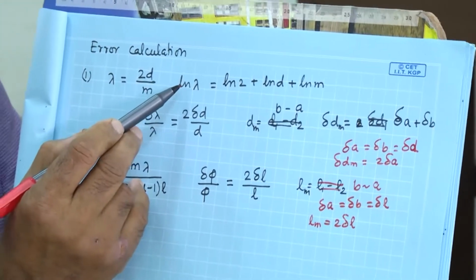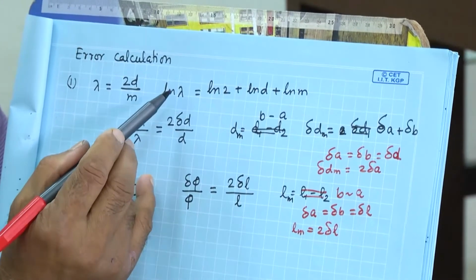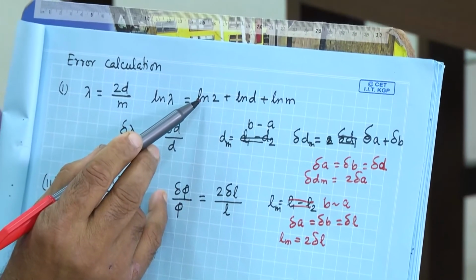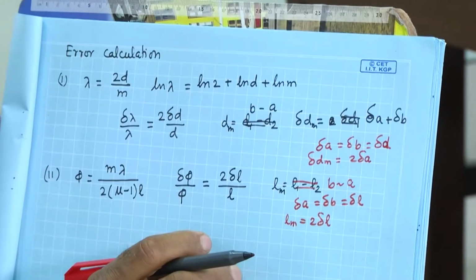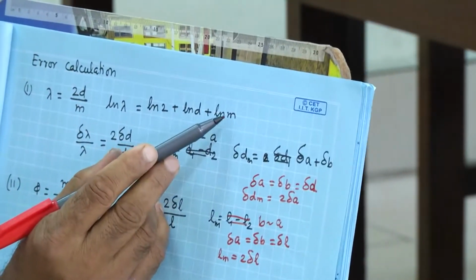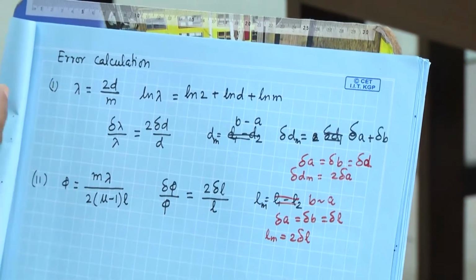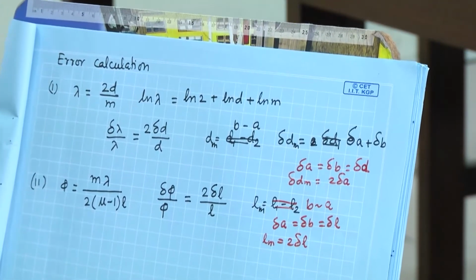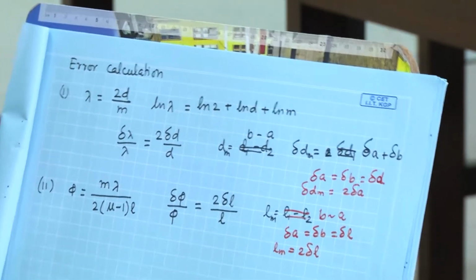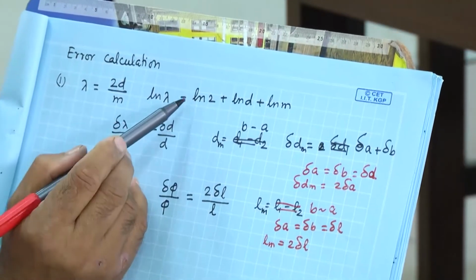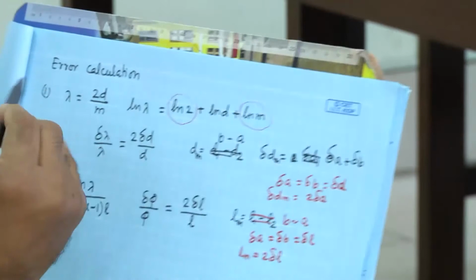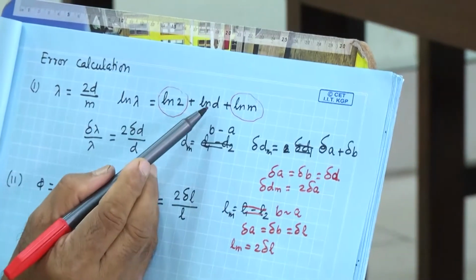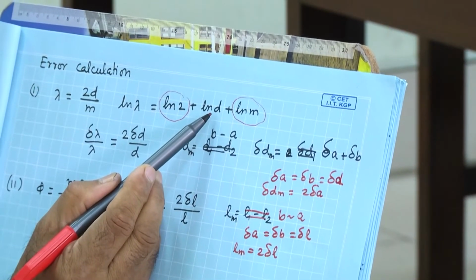So, we take log lambda equal to log 2 plus log d minus log m. 2 and m are counting, there is no possibility of error, it is not an instrument, I am counting. So, these two will not give any error. Only the instrument is giving this d value.